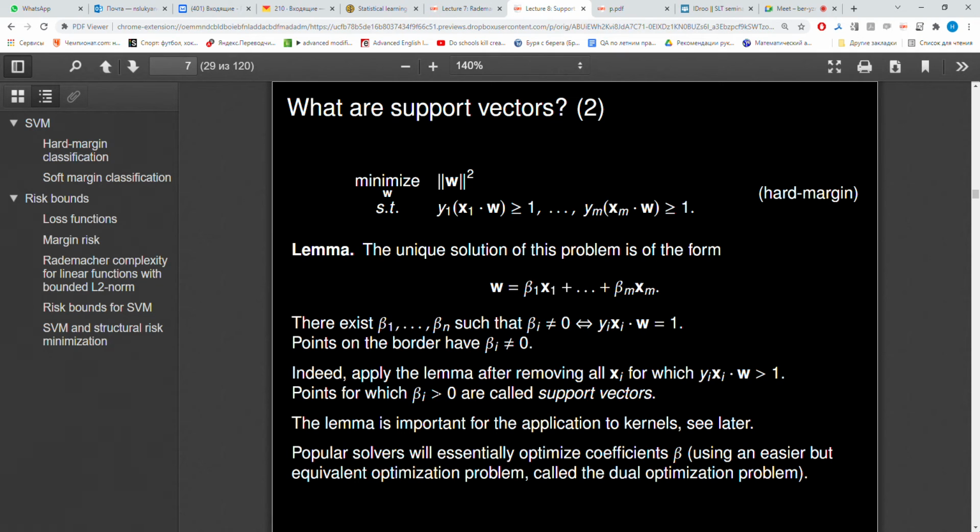So such a set of x's that can give us the best hyperplane are called support vectors.